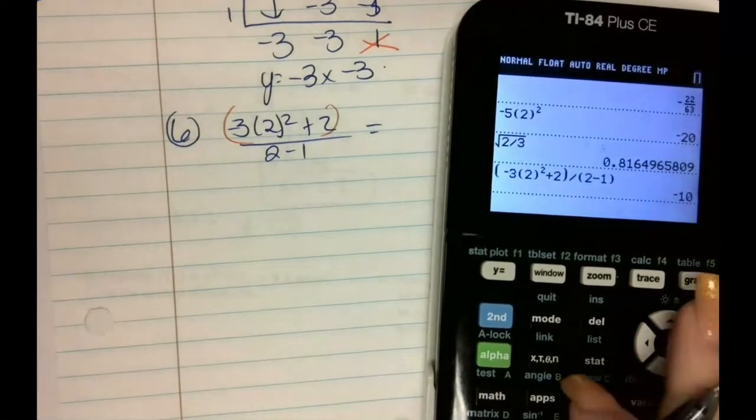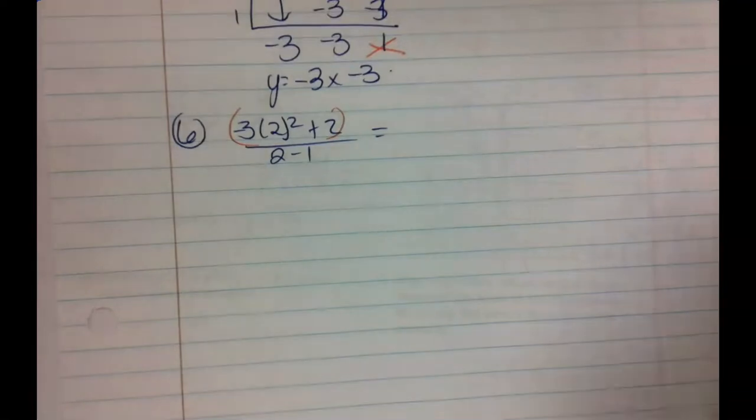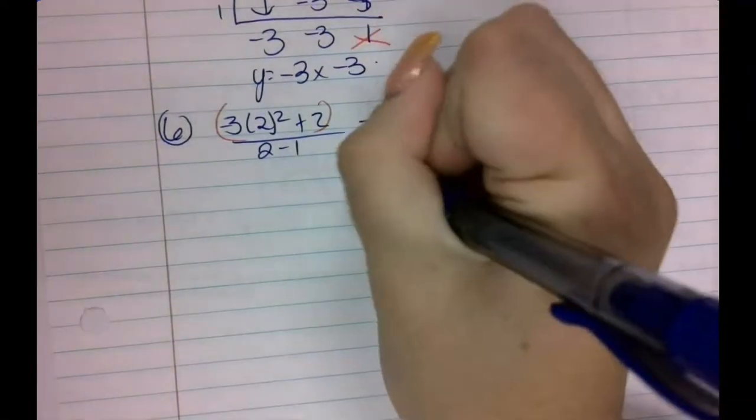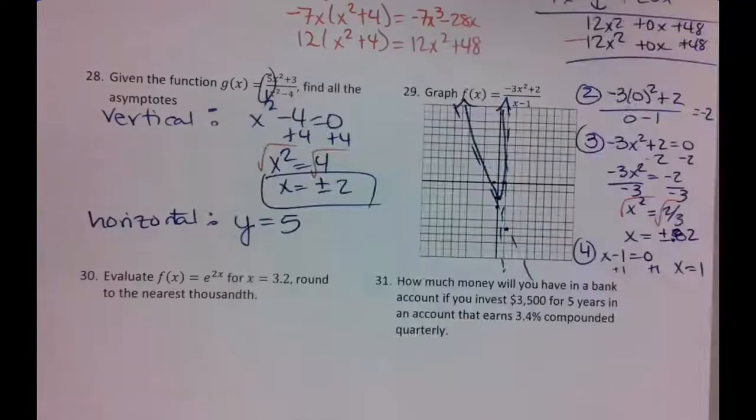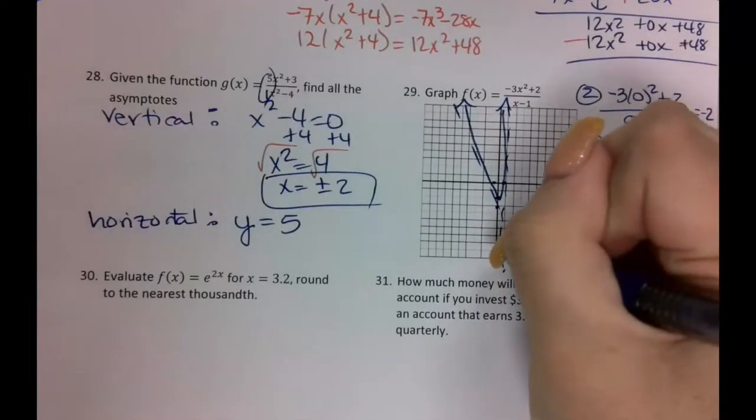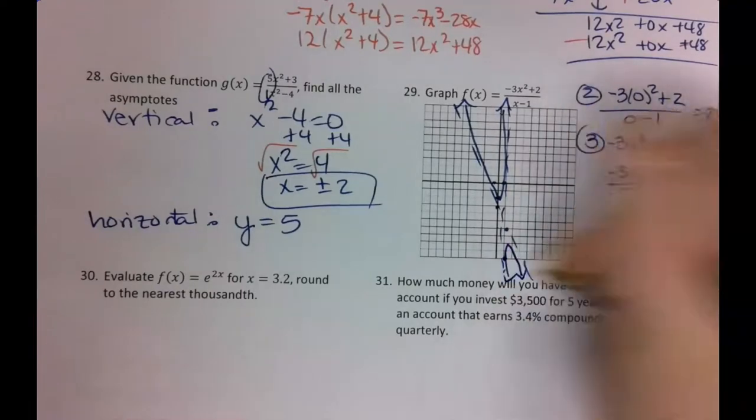Which gets me negative 10. So I plugged in the point 2, I got out the point negative 10. I'm going to go ahead and plot this on my graph. 2, negative 10 is right here, so this is below those lines.